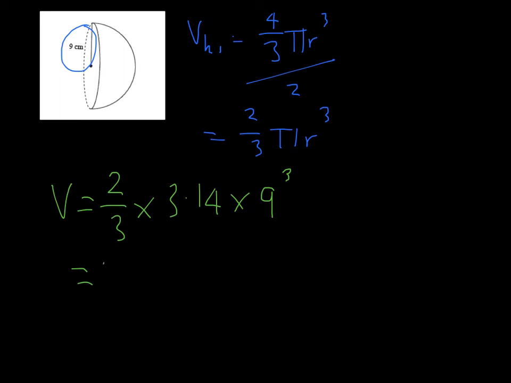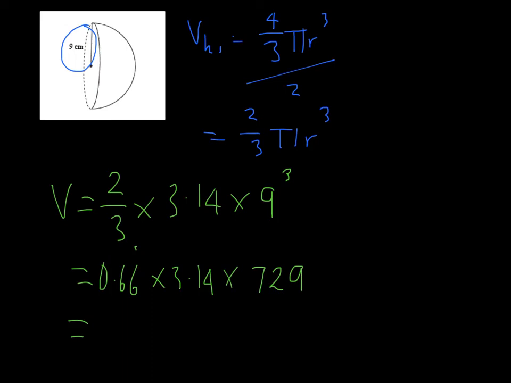2/3, which you all know is 0.66 recurring, times 3.14 times 9 cubed is equal to 729.